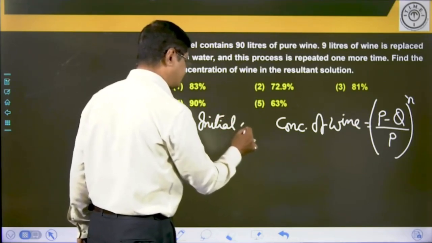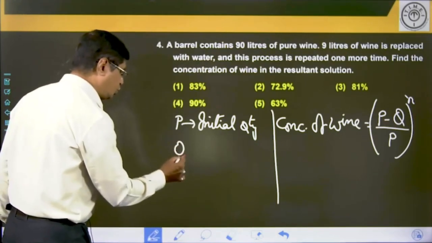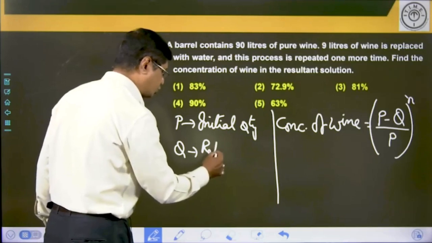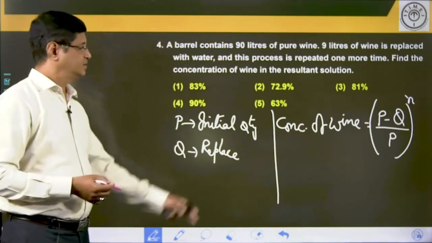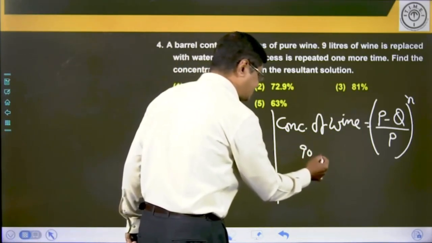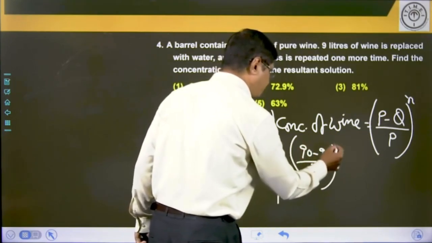Initial quantity is 90 liters. What about the Q? Q is the replaced one. What is the replaced quantity here? 9. Substitute, simplify. 90 minus 9 by 90 whole power 2.